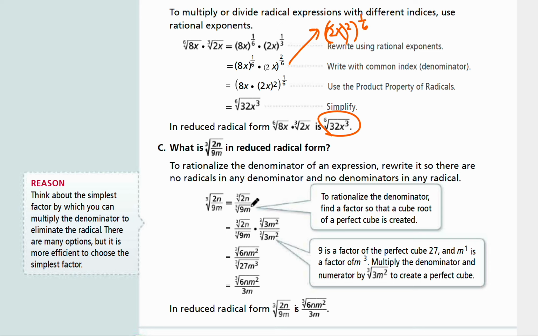So in order to do that, why are we multiplying by 3m squared, not just the opposite, like 9m? Because yes, you can multiply the cube root of 9m over the cube root of 9m, but that's going to give you more steps because you have to simplify more later. Well, if you think about it, 9 is 3 squared, right?